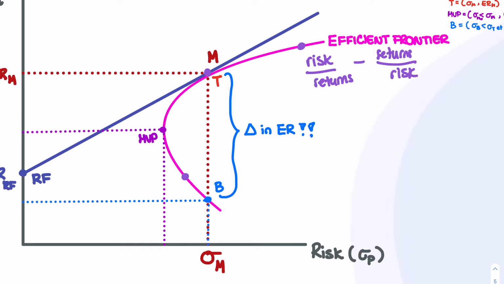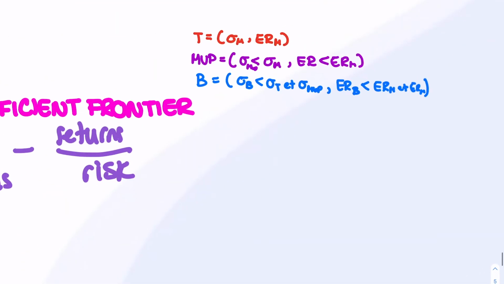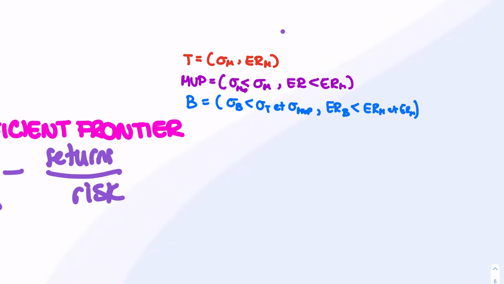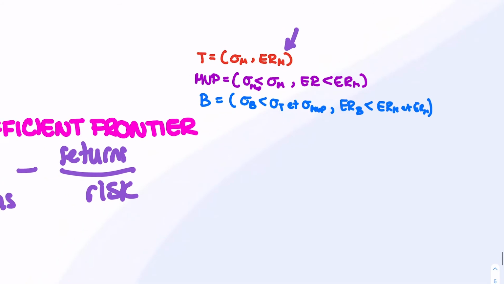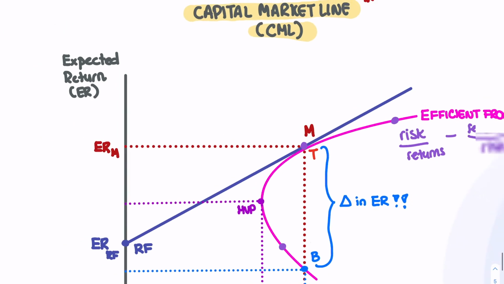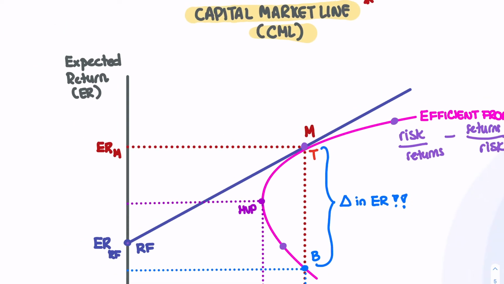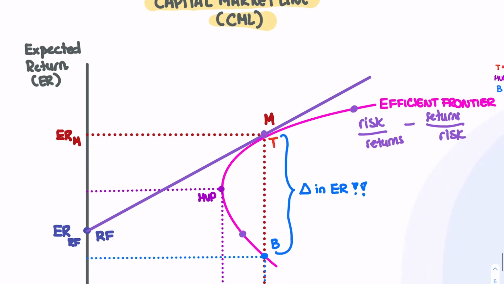I took the liberty to give you a better proof: for a Sharpe ratio to be the same, they all have to lie on the same line. And already if we look at our graph, it's impossible to have the same line for every point on our efficient frontier, because every line that I plot will give you a different slope.